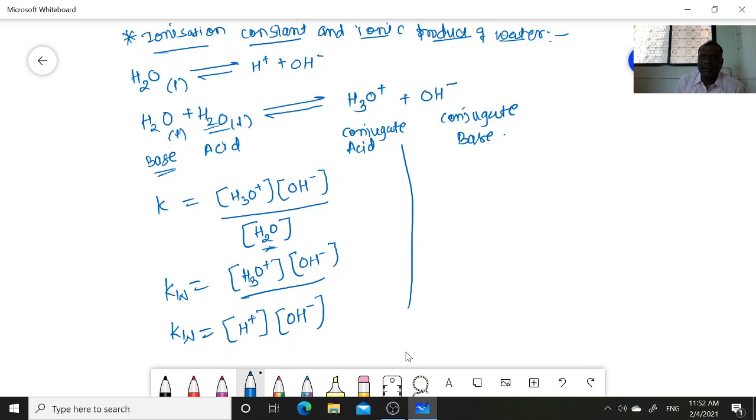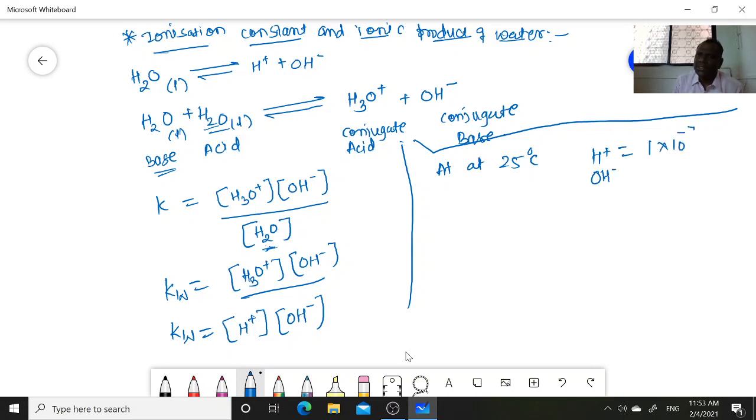Then the ionic product of water: we know that at 25 degrees centigrade, or at 298 Kelvin, it is experimentally proved that the concentration of H plus is 1 into 10 raised to minus 7 moles per liter, and that of OH minus is also 1 into 10 raised to minus 7 moles per liter.